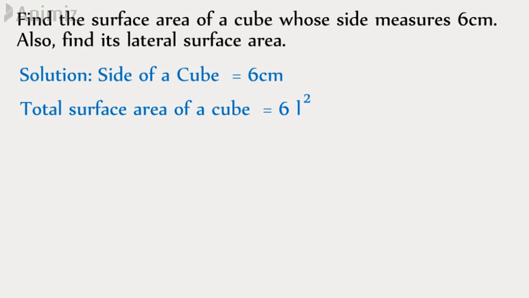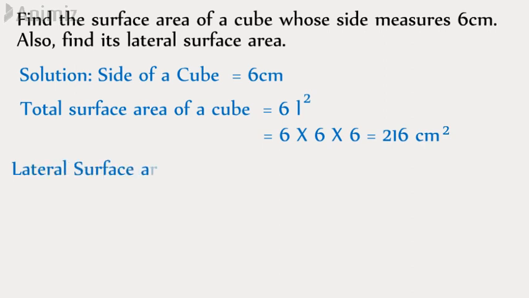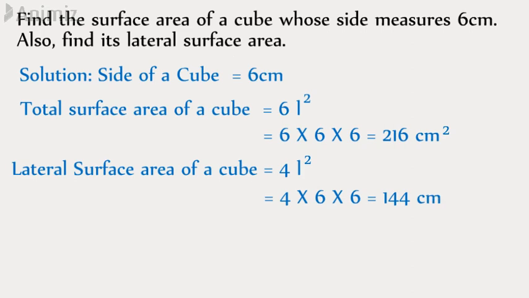Substituting 6 cm for L, we get 6 into 6 into 6, which is equal to 216 cm square. Then lateral surface area of a cube is equal to 4L square. Substituting 6 cm for L, we get 4 into 6 into 6, which is equal to 144 cm square.